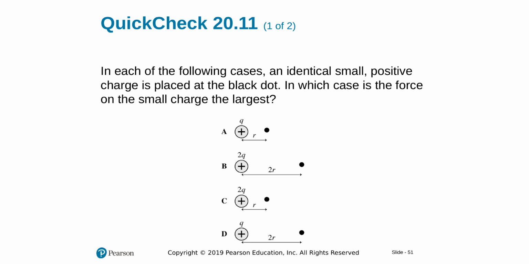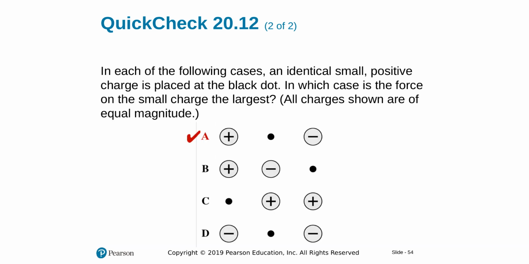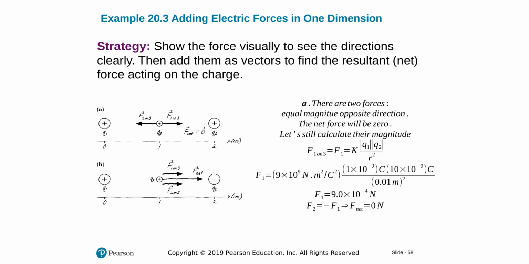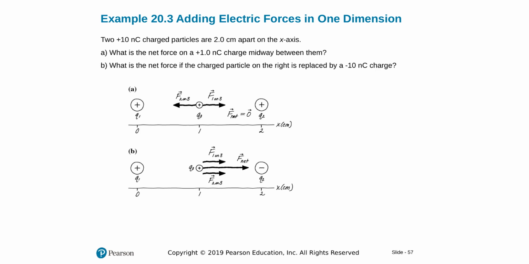There are some more similar questions here. I'm gonna go quickly with all similar ideas. If we're asked to calculate a force, it's going to be straightforward. For this question, for example, 2 10 nanocoulomb charged particles 2 centimeters apart. What is the net force on a 1 nanocoulomb charge midway? Draw a picture. Here is your picture, plus, plus, plus. Everybody is pushing on this middle charge here.